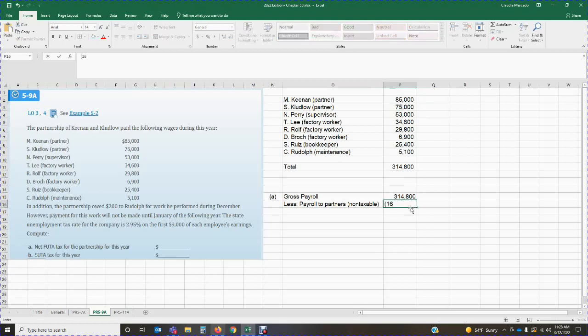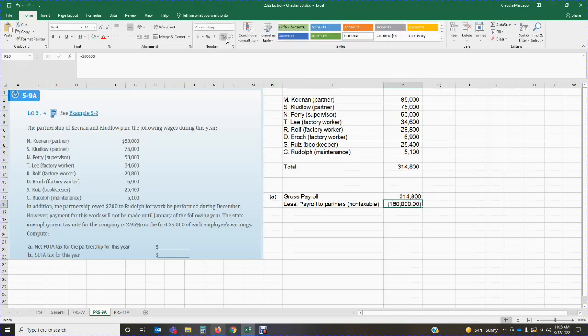I'm going to deduct that because it's not taxable. So these two are not taxable, which gives me my $160,000 right there. I'm going to highlight them, so you know that these two numbers equal that 160.